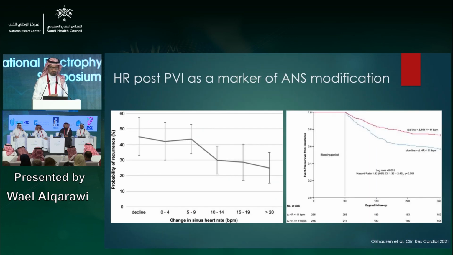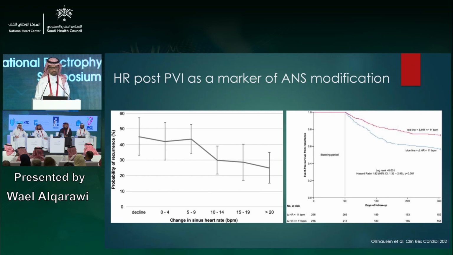When it comes to the basis of this observation, it's the increase in heart rate post-ablation. This is one of the early observations post-PVI, where you see an increase in the sinus rate as a marker of autonomic nervous system modulation. There are multiple studies that showed a correlation between that and the reduction in AF recurrence.